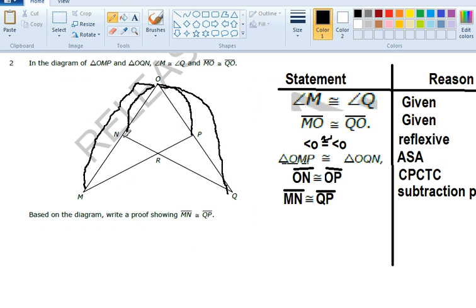So if we subtract this big minus this little, we're left with this. If we subtract this big minus this little, we're left with this. And we know that these two are congruent because if you subtract two congruent pieces from two congruent wholes, you'll get two congruent parts left over. Okay?